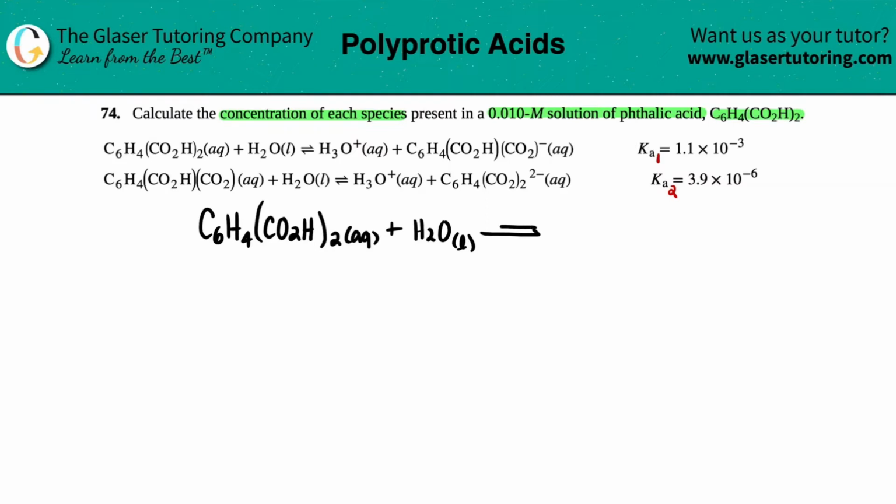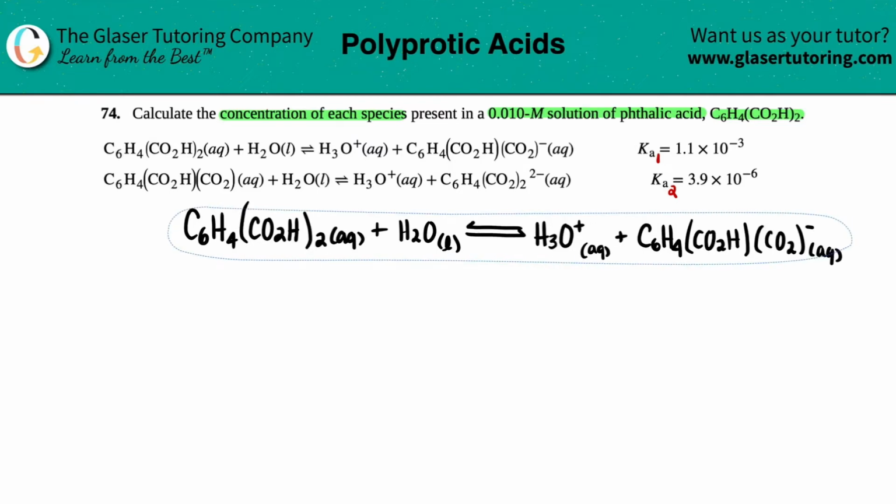This is a weak acid, so it's at equilibrium with H3O plus, that's aqueous, and then the conjugate base, C6H4(CO2H)(CO2) minus, that's aqueous.